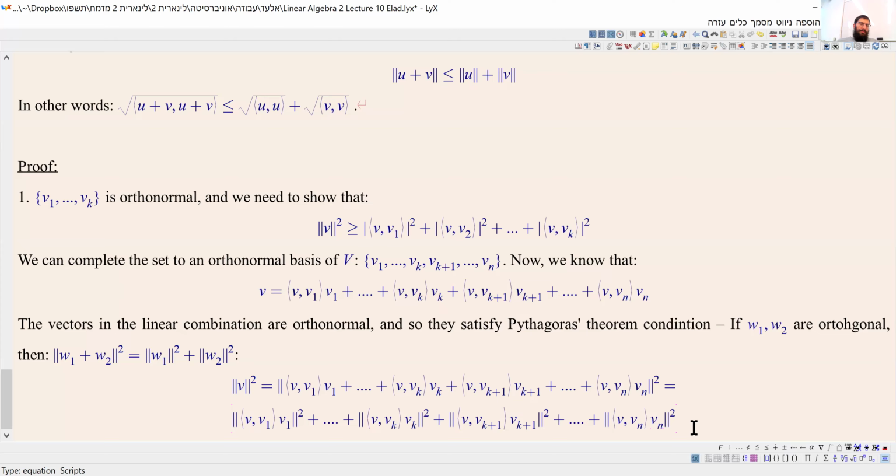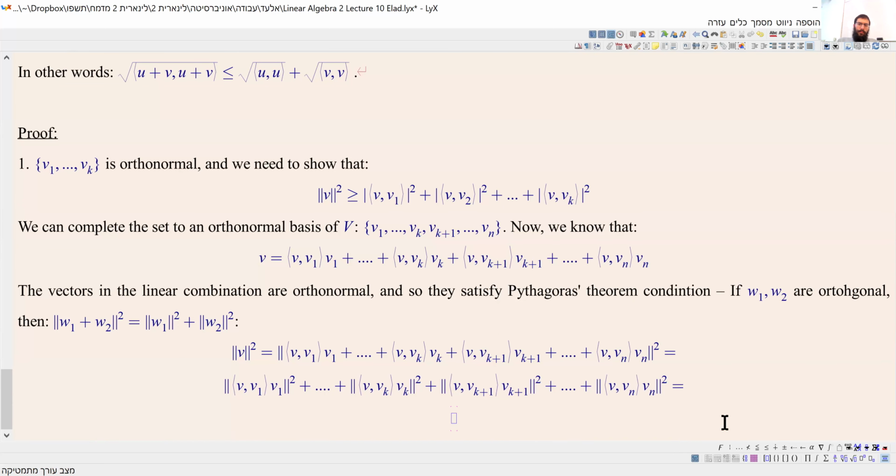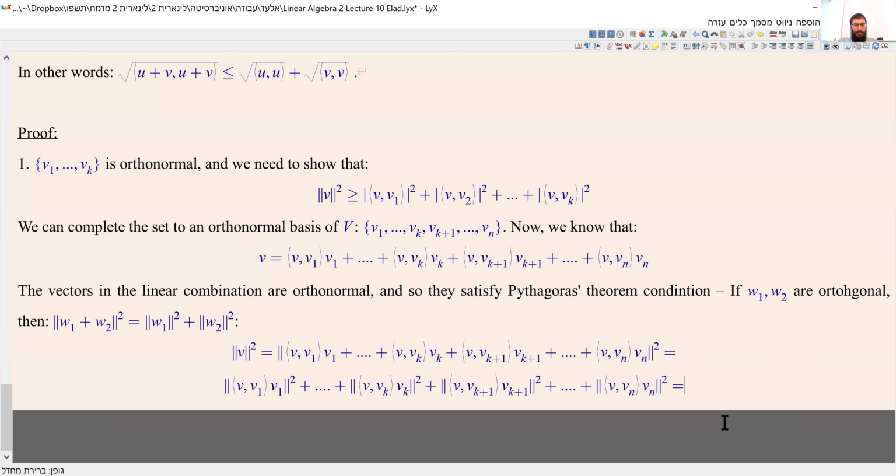The inner products of V with V1, V with Vk, are scalars. So we know how to pull scalars out of the norm. Let's write it down explicitly.